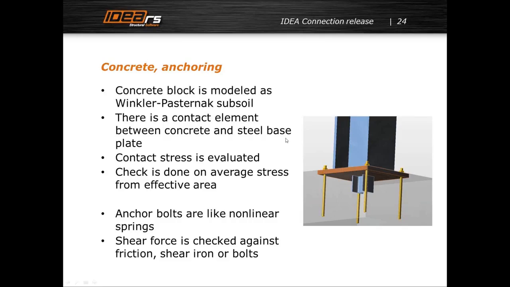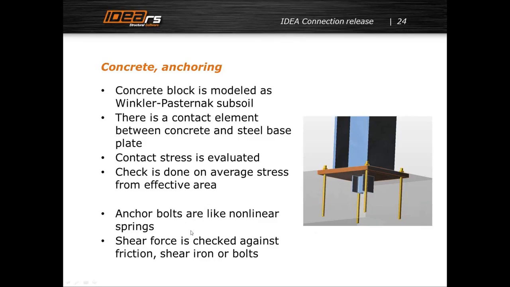So we have this one. There is again a contact element between the steel plate and concrete, and then we can calculate the contact stress between steel and concrete, and we can check this stress.